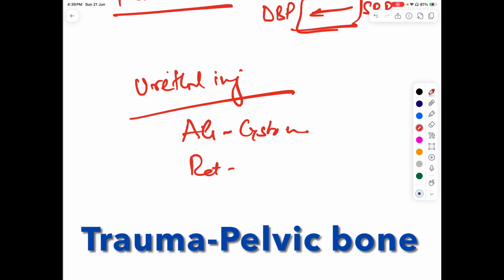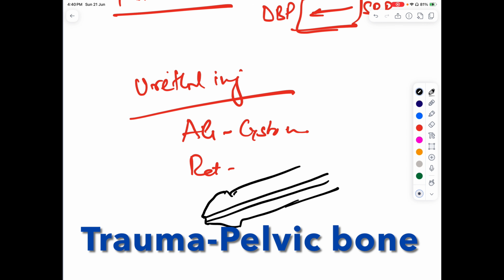You do not just put a catheter if you are suspecting the injury. Suppose this is the penis, the tip of the penis, and this is the urethra, and this is the bladder.